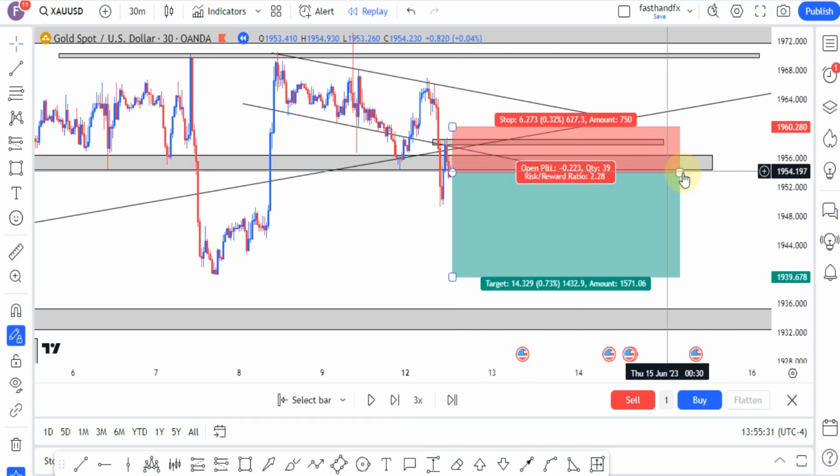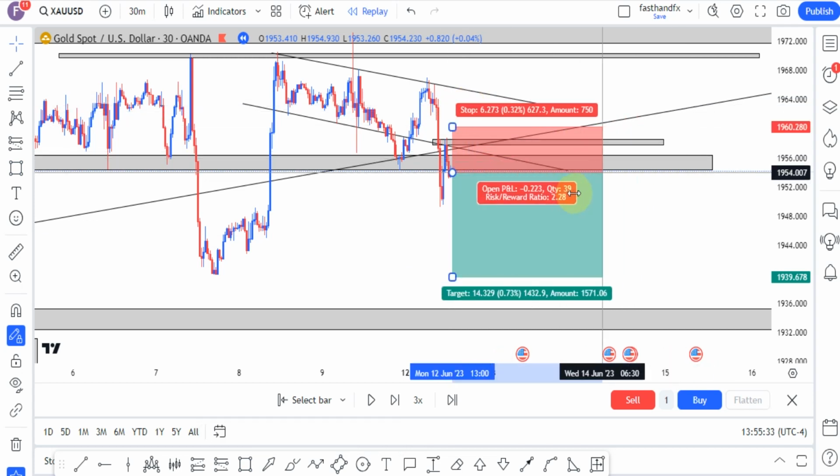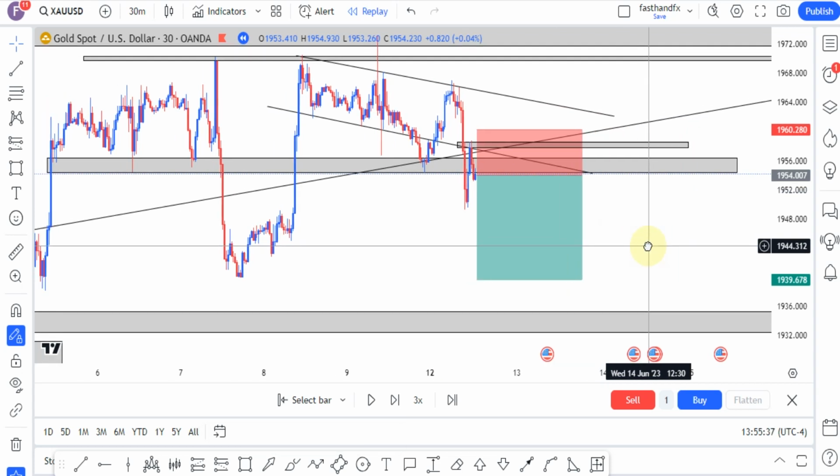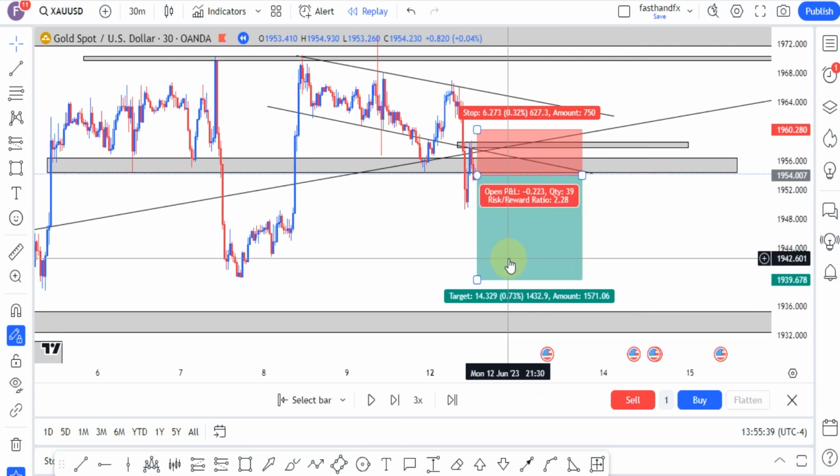If you look at this, we are risking 62 pips, and our target is 143.2. That's around 143 pips.